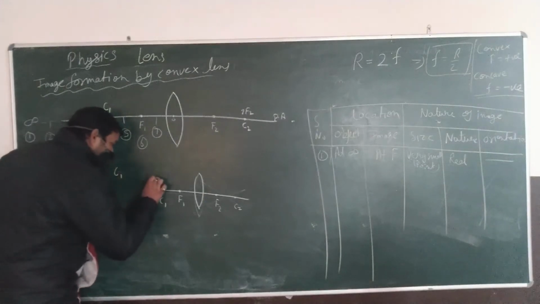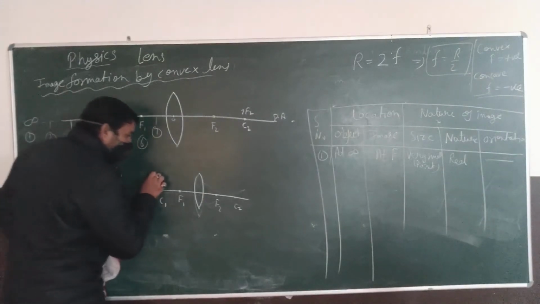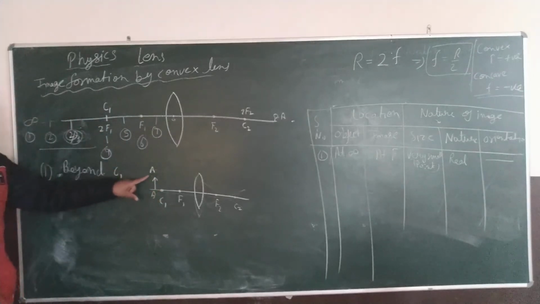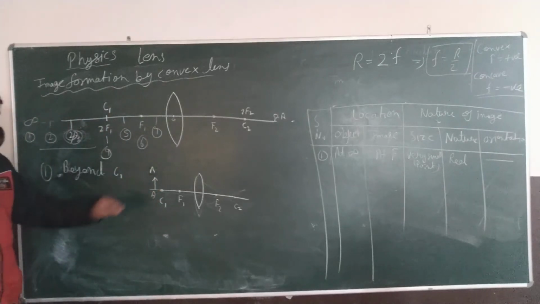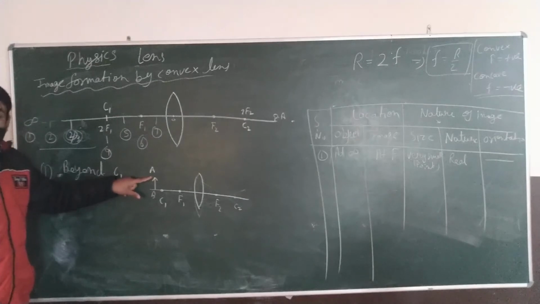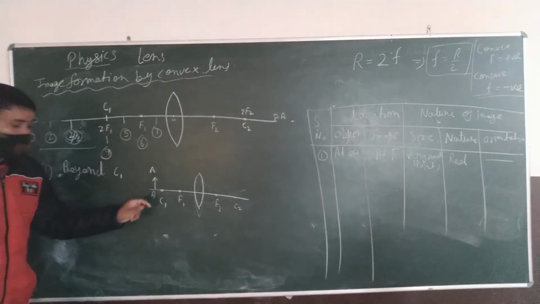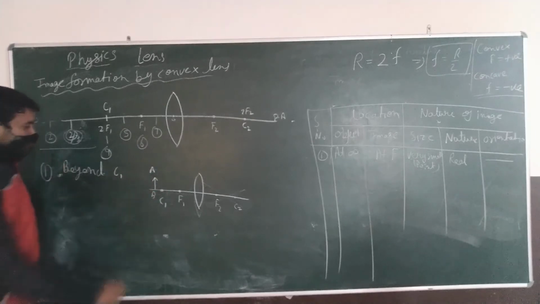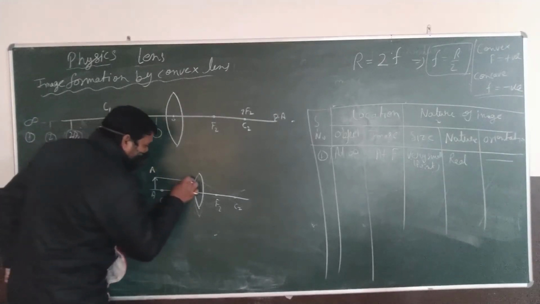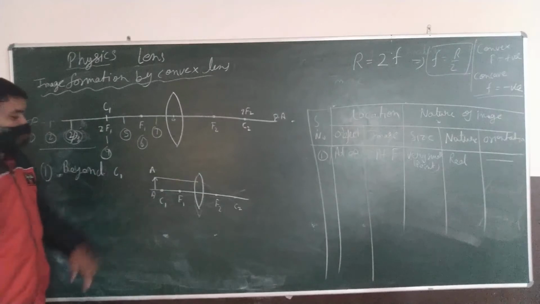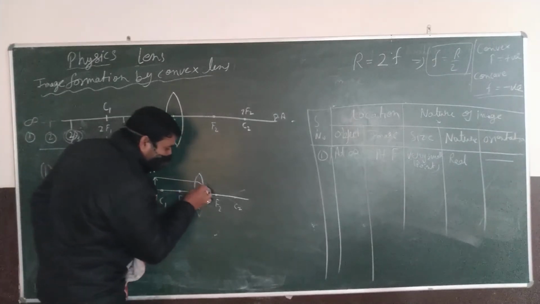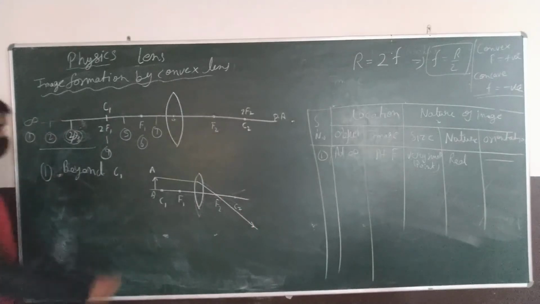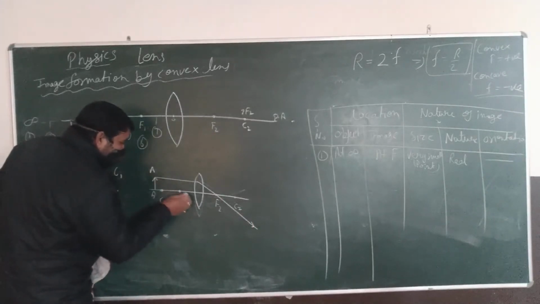Now the object is placed beyond C. This is A and this is B. Now, how to form the image? Suppose we have a point A, and when we draw a perpendicular on the principal axis, we get the length of the image. Clear? Now if a ray of light is traveling parallel to the principal axis, it is very clear that the ray passes through the focus. Clear or not?